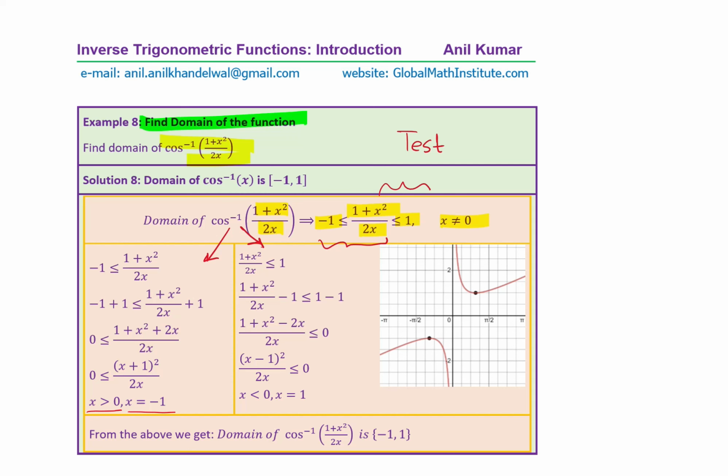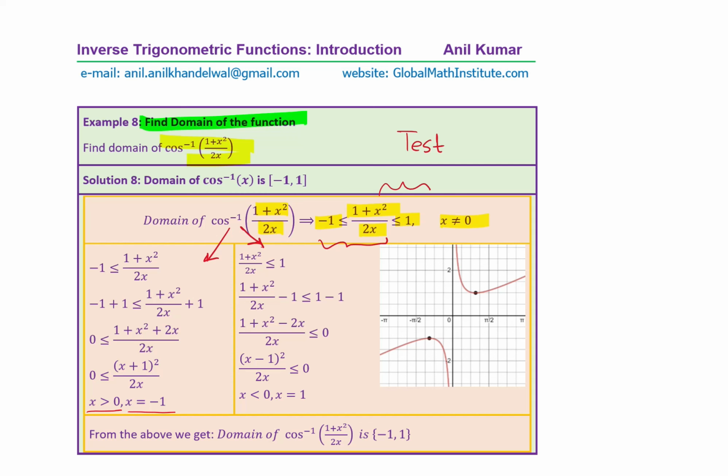Well, when it is greater than 0, that question doesn't arise. Okay, so x equals minus 1 also helps to find this particular solution since it gives you a 0. So we're looking for a solution where it is equal to 0 or greater than 0. Correct. So that becomes the solution from the left hand side.